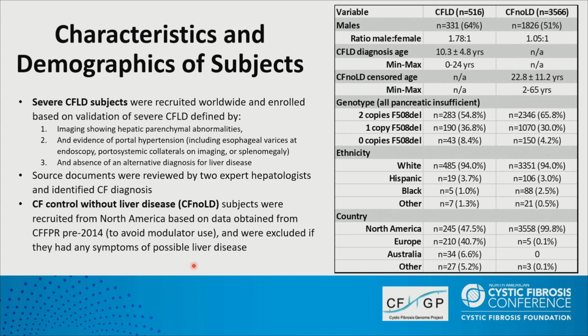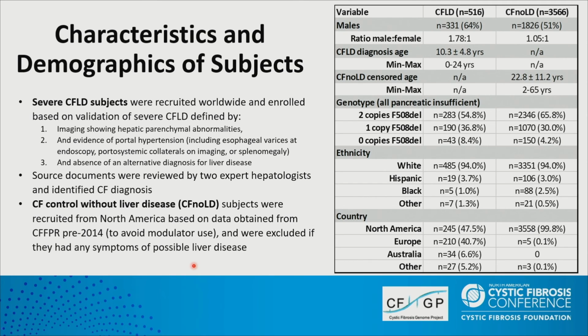We defined CF liver disease patients that were recruited worldwide in over 100 sites with severe liver disease defined by imaging showing abnormal liver parenchyma. Emphasize that does not say that you can say whether this is cirrhotic portal hypertension or non-cirrhotic portal hypertension.